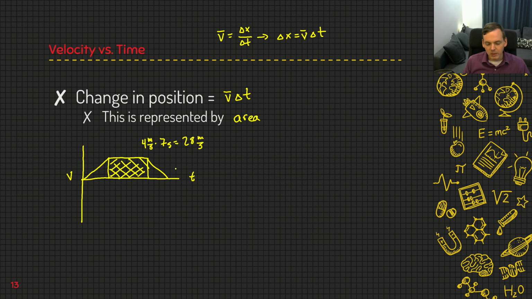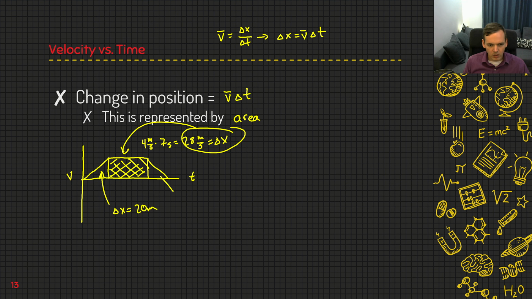Now we need to be a little careful if we're going to do this for the whole graph, because on these sides, these are triangles, so we need to calculate the area of a triangle. So 1, 2, 3, 4 by 1, 2, 3, 4, 5. It would be 5 times 4 divided by 2. So this would mean delta x is equal to 20 meters.